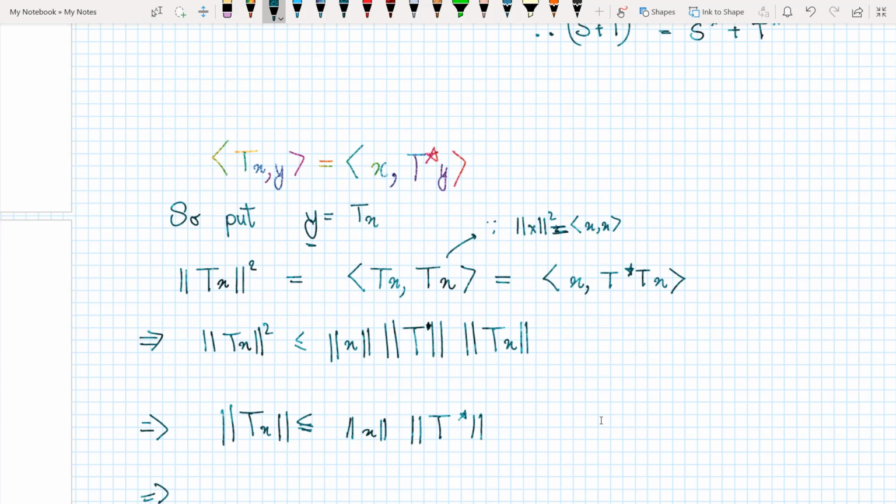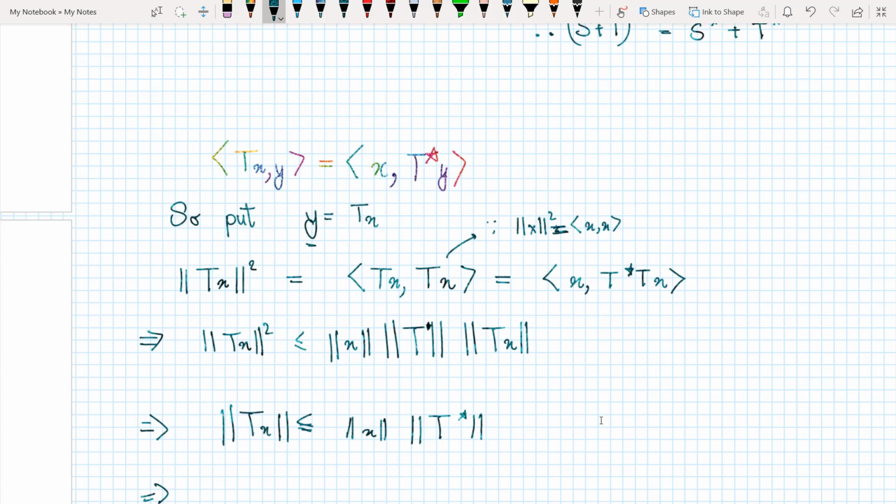If I put y equal to Tx, this becomes the inner product of Tx, Tx, which becomes the norm of Tx squared, since the norm of x squared can be written as the inner product of x with x. Now this can be written as the inner product of x with T star Tx.